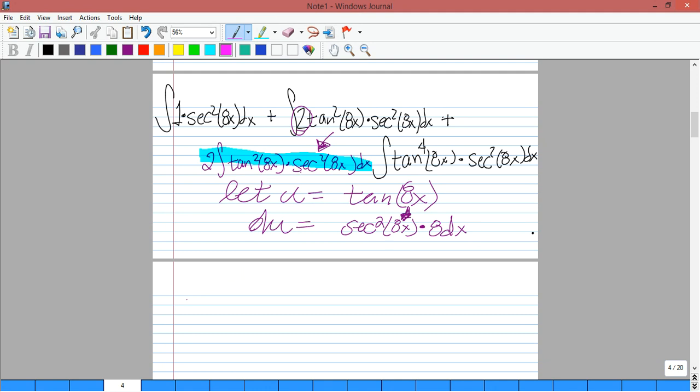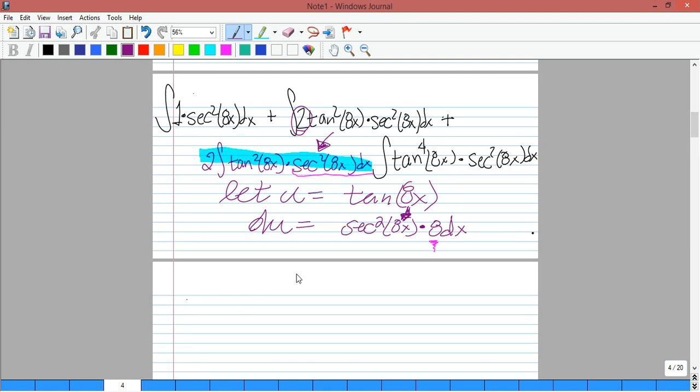So yes, there is a secant squared and an 8x. And there's also a dx, but there is not an 8 dx. So that's fine. All we're going to do is divide by 8 on both sides.